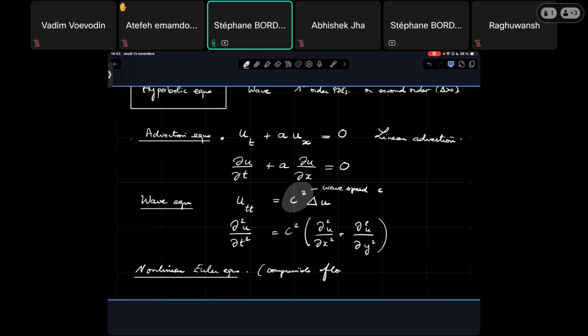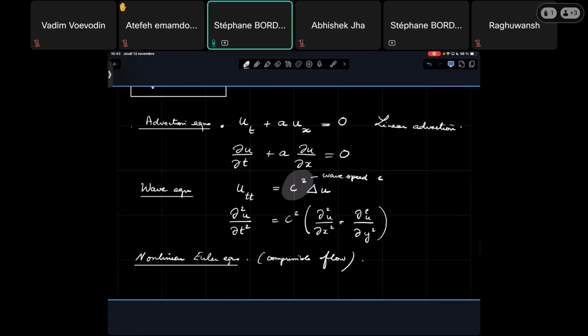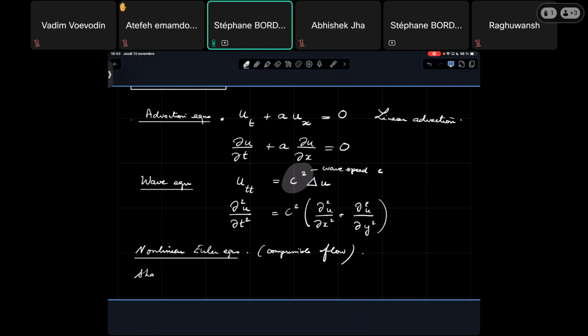Shallow water equations are also applications. Shallow water equations are equations that you solve when you have a very thin film on a surface, and you want to solve the flow on that surface.